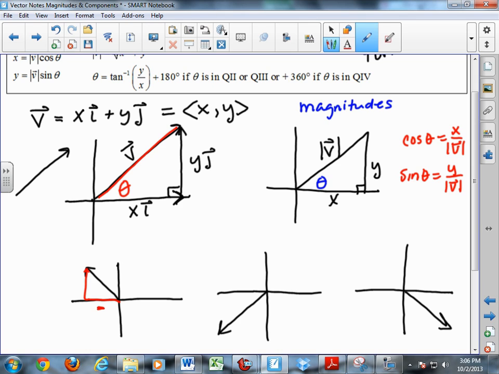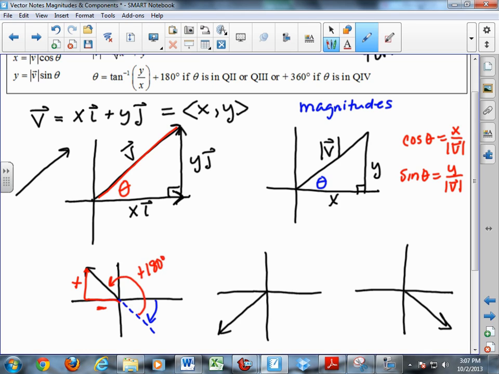I'd be doing inverse tangent of a negative number. Well, where does that end up? That's going to end up in quadrant 4. I'd actually end up getting this angle right here, a negative angle. Well, if I take that negative angle and add 180 to it, I'll get the angle in quadrant 2 that I really want.